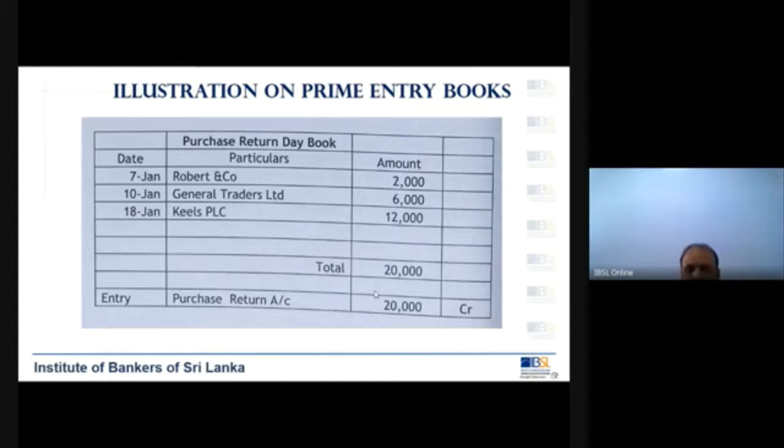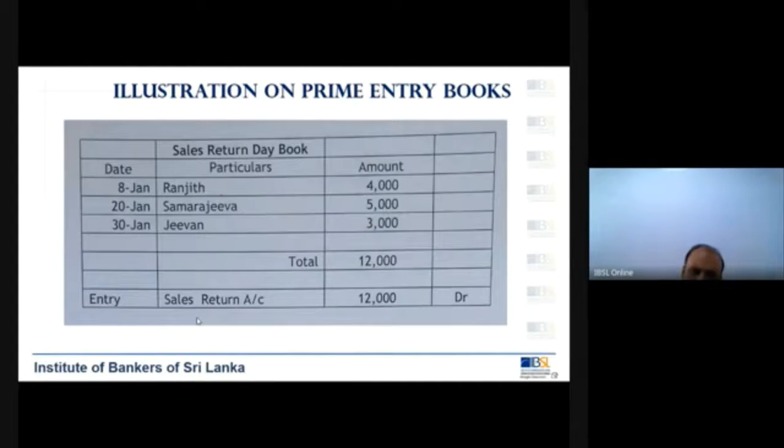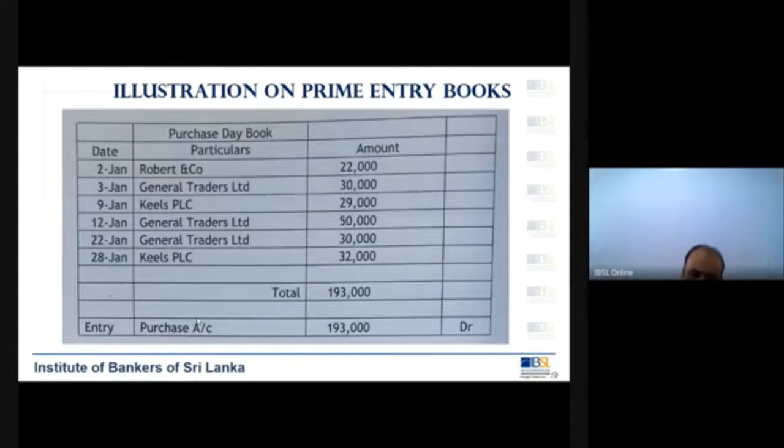We will instead credit an account called purchases return, because in a business, you need to know how much of sales and how much of purchases were done. The returns, that is the sales return and the purchases return, will be shown separately. Please remember that.